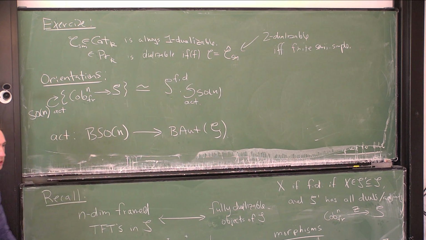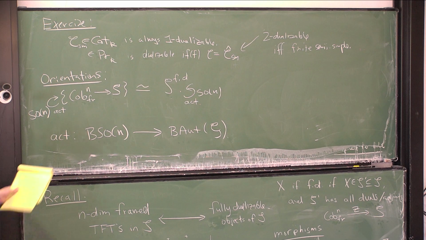That's the data of the action in homotopy terms. So that's something you get canonically.